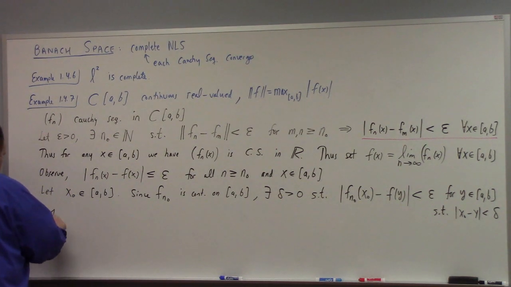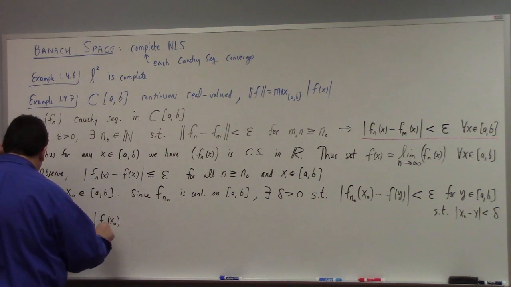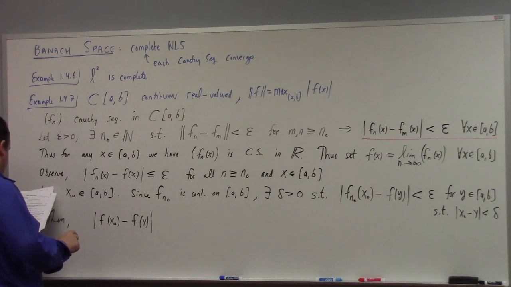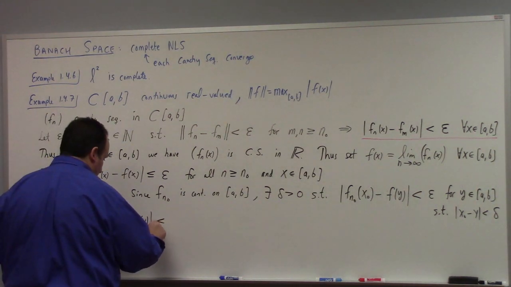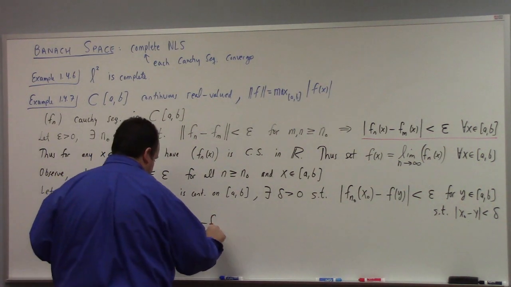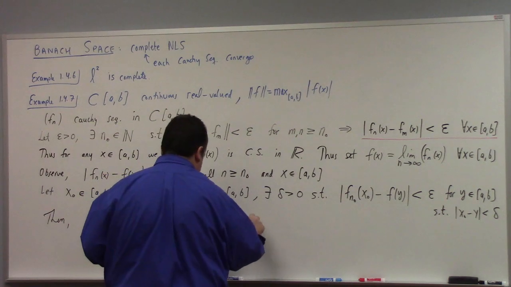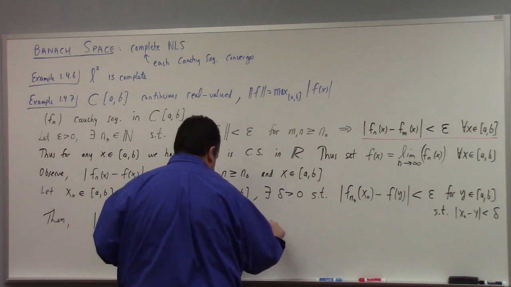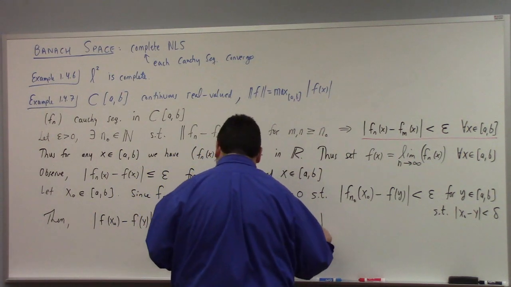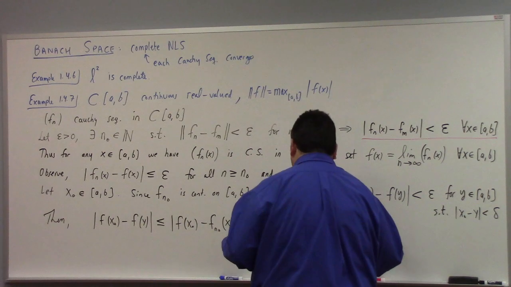Then, check this out. So we take the absolute value of f(x_0) minus f(y), and that, by the triangle inequality and adding 0, is less than or equal to the absolute value of f(x_0) minus f_{n_0}(x_0), plus the absolute value of f_{n_0}(x_0) minus f_{n_0}(y), plus the absolute value of f_{n_0}(y) minus f(y).